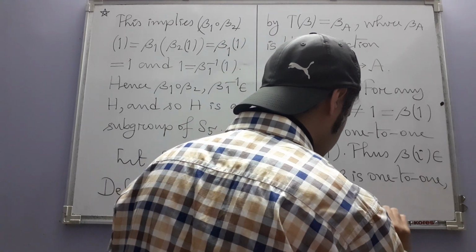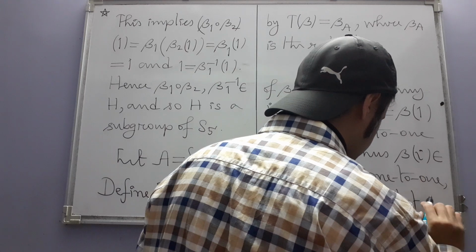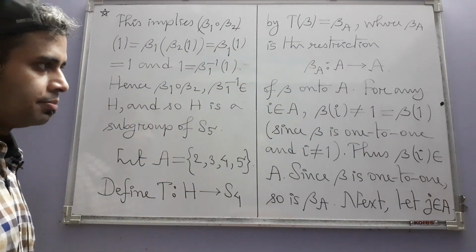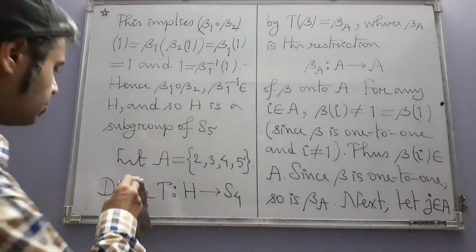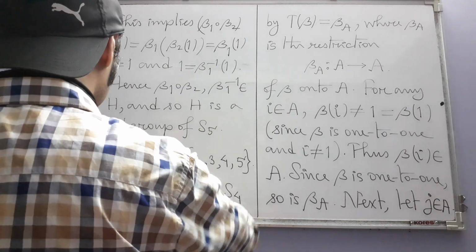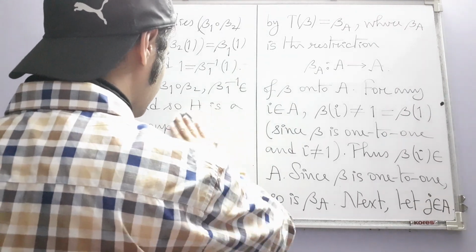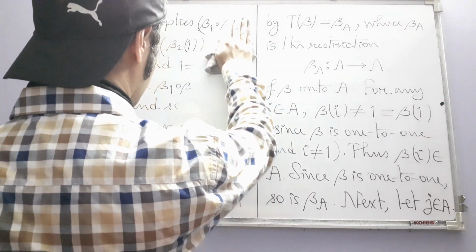Next, let j be any element in A. We now want to show that there is an element again in A whose beta image is equal to j, and that would prove that this beta A is onto as well.